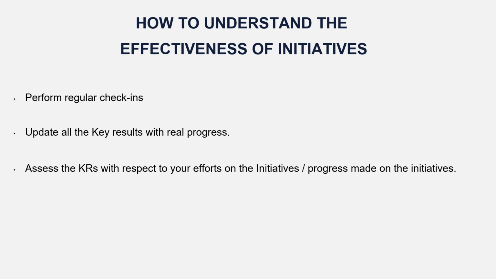If the key results are not improving in line with the efforts you made through initiatives, then it is a clear indication that you need to go back and revalidate or refine the initiatives. In some cases, you may need to change the initiatives or add additional initiatives.